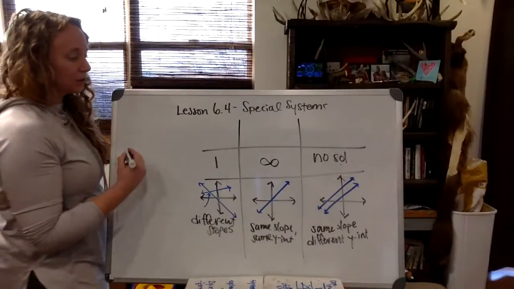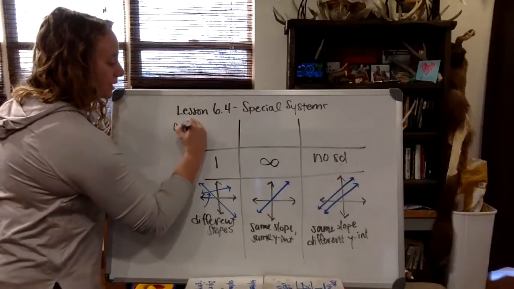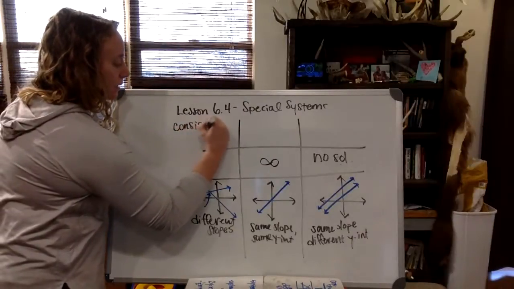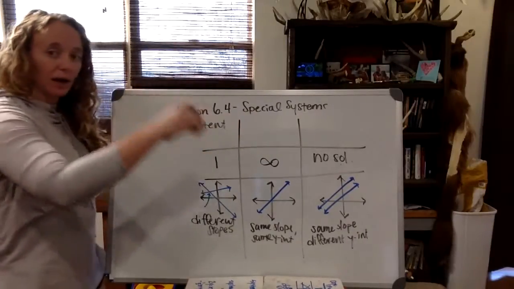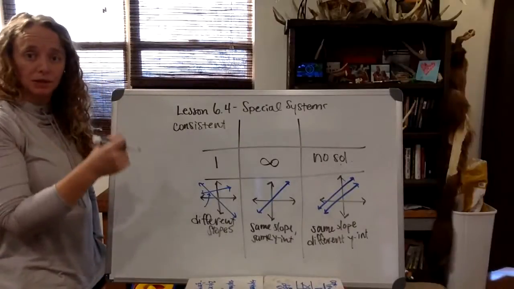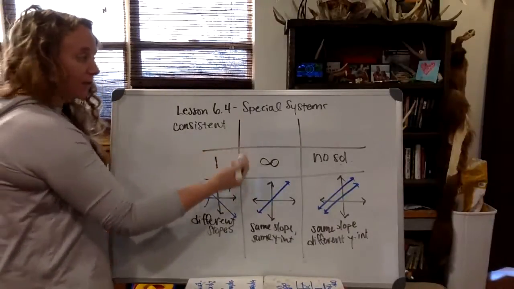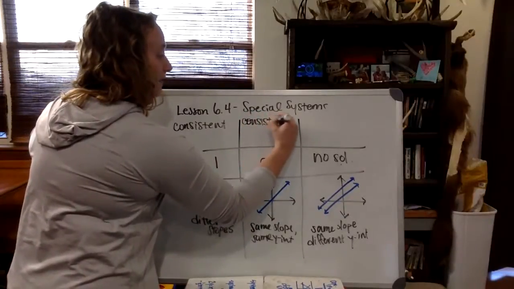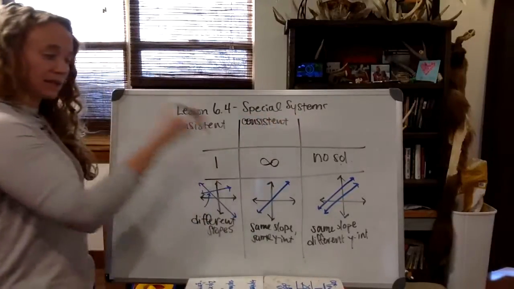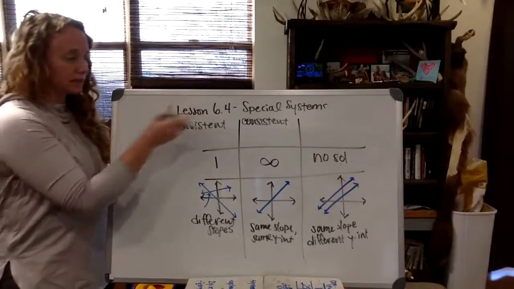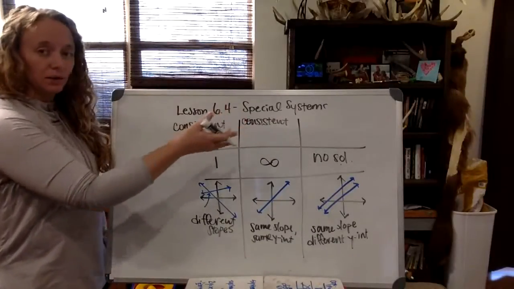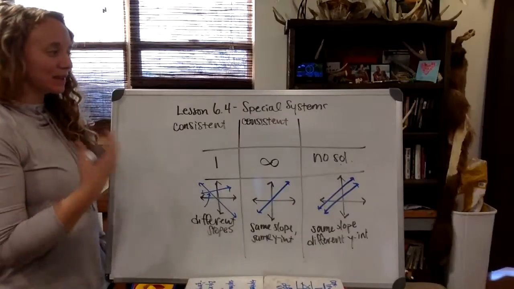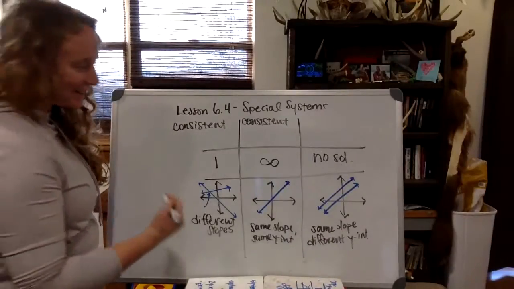If there's any solution to it, we can say that those systems are consistent. We could pick out a point and say this is a solution to this system. Now, there might be an infinite number of those, but there is a value or multiple values that we can take out of that. So we can call those consistent. Ones that have no solution are the opposite of that. So what's the opposite of consistent? Inconsistent.